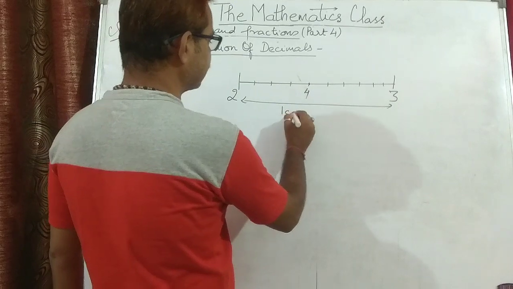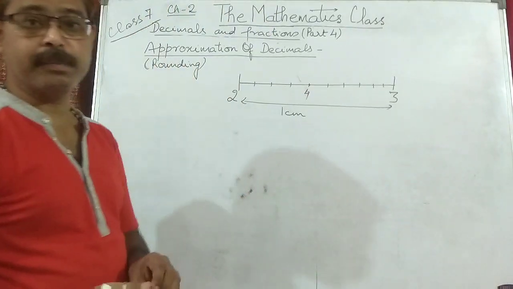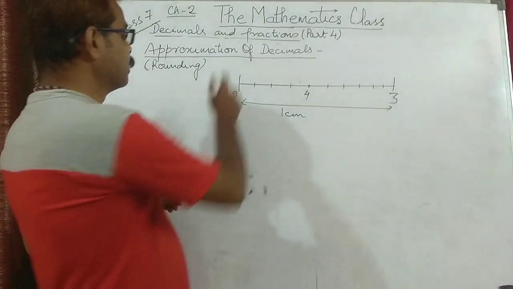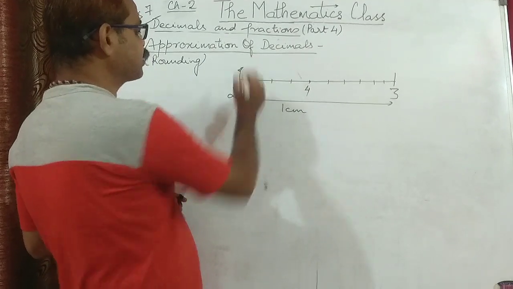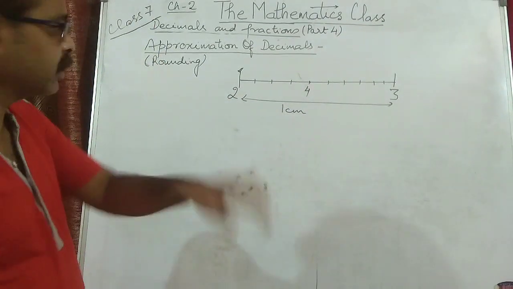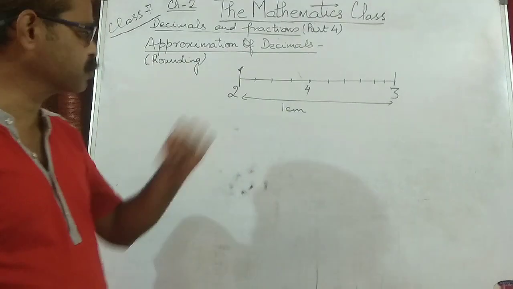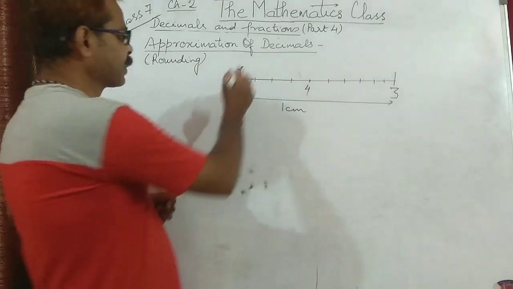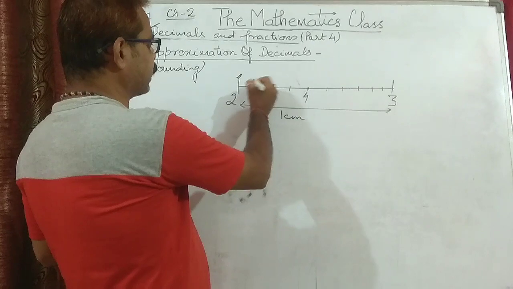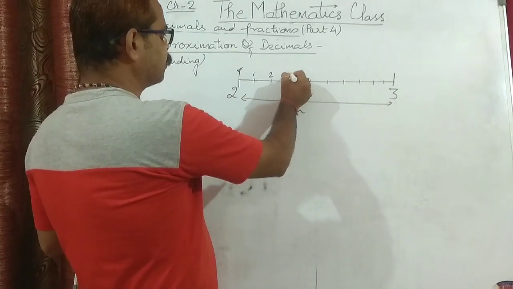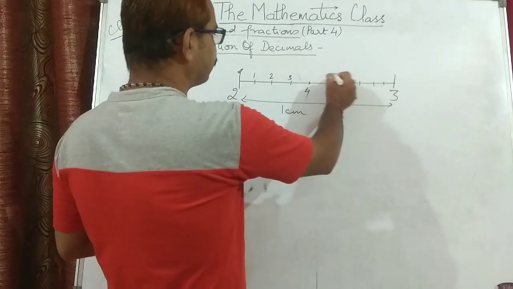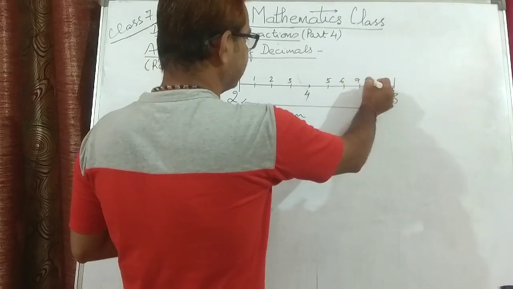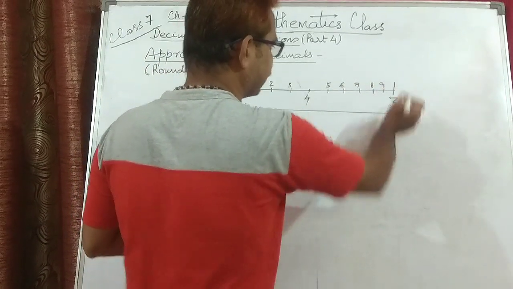between, this is 1 centimeter, means you can make out that at this point the value on the line is 2 units, 2 centimeter or whatever, 2 units. Obviously this will be 2.1, 2.2, 2.3, 4, 5, 6, 7, 8, 9 and 10 means 3.